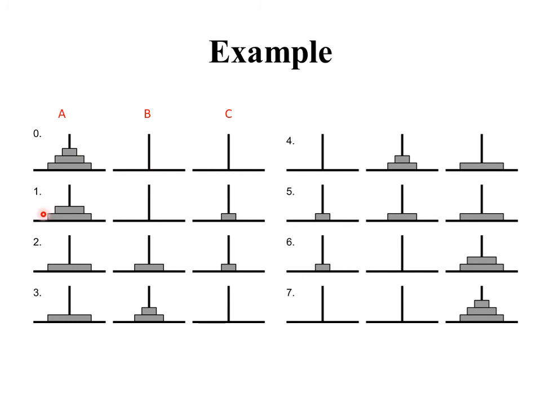So let's start. Step 1: first move the smaller disc, that is the topmost disc, from tower A to tower C. Then in step 2, move the middle disc from tower A to tower B. Then move the smaller disc from tower C to tower B. Then in step 3, our tower C is empty.